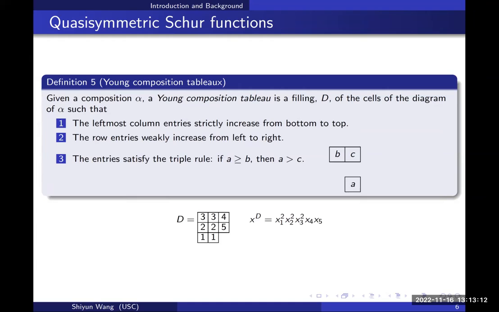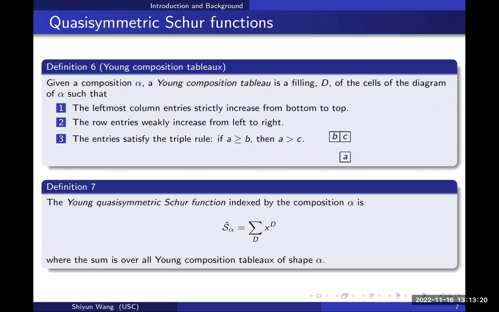And we can read the content monomial from the tableau in a similar way as we read the semistandard Young tableau. The Young quasisymmetric Schur function is defined as the generating function of such tableaux. It's just a sum over all such valid tableaux, and the term is the content monomial.